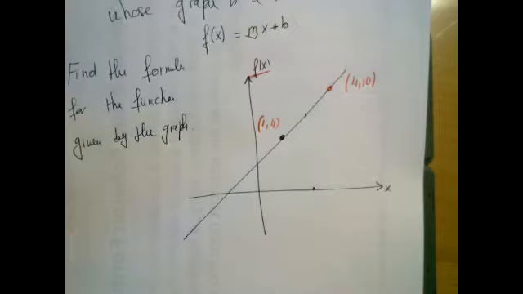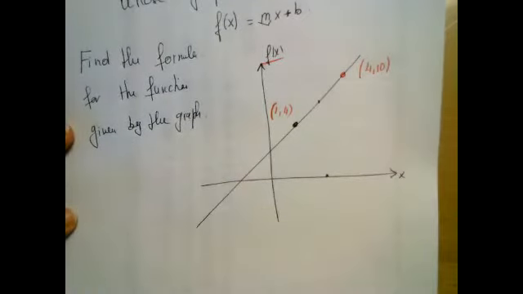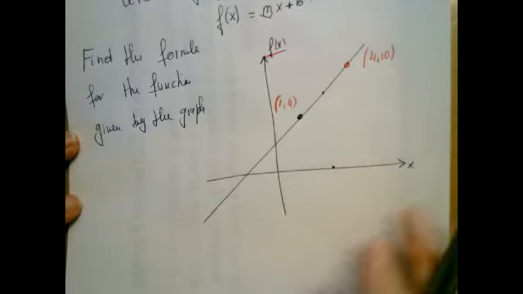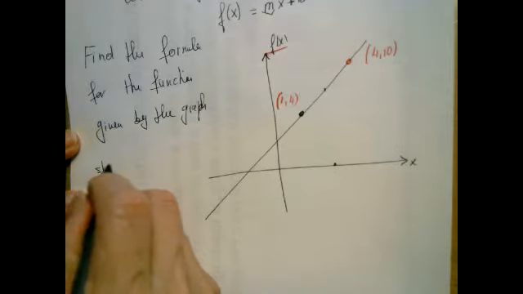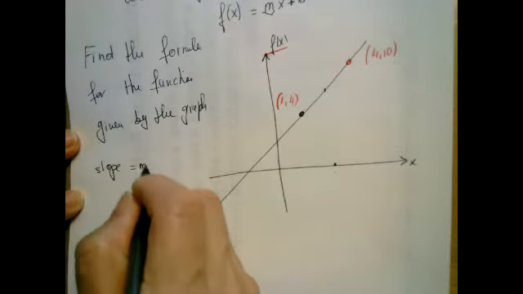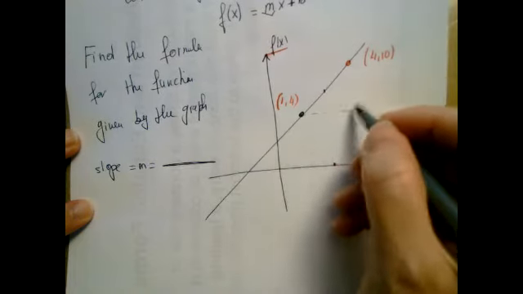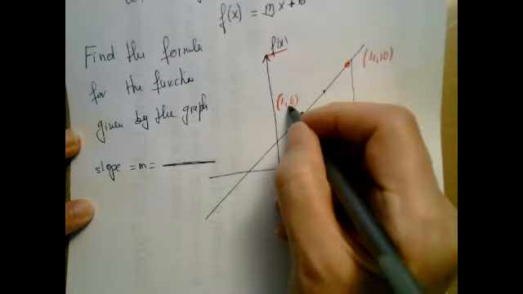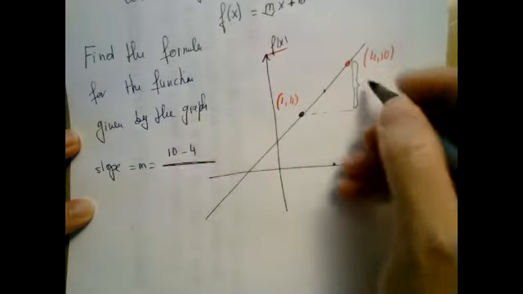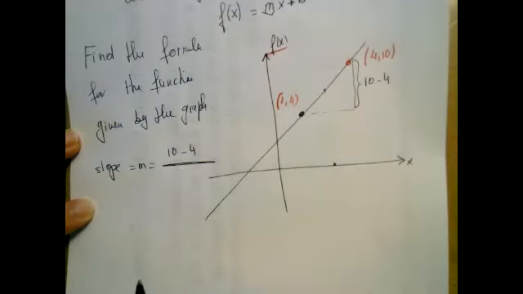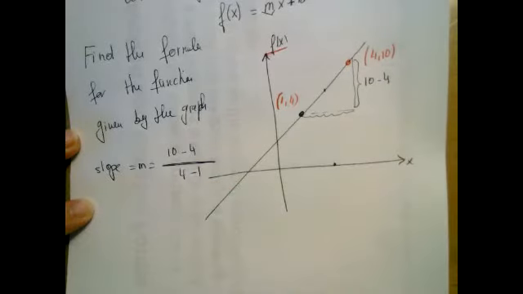All right, how do we find a formula? First, we need to find the slope. I will do this problem 2 ways, and I will tell you which one is my favorite. First we need to find the slope, which we usually call m. The slope is the change in y, 10 minus 4, which is what you would call the rise, divided by the change in x, which is 4 minus 1.